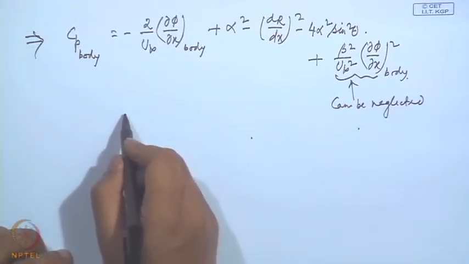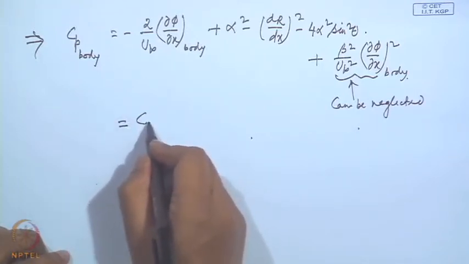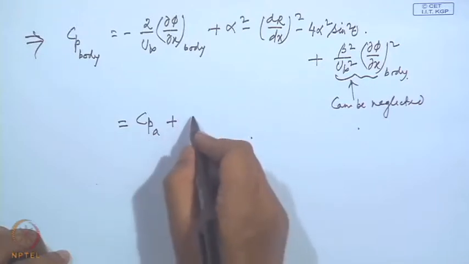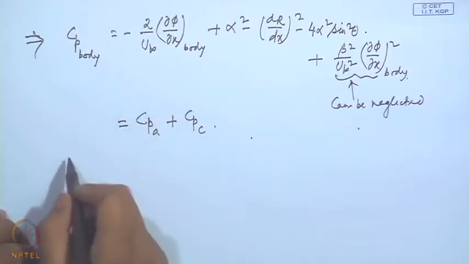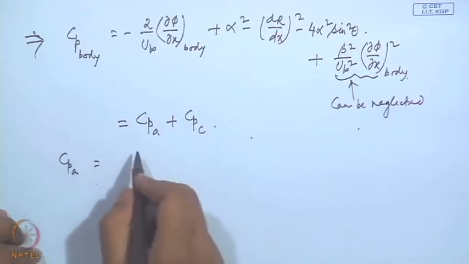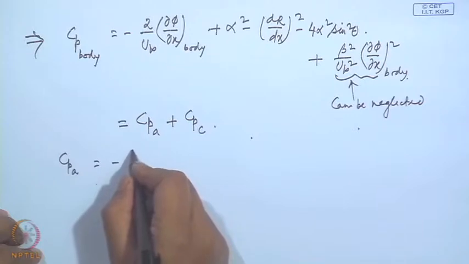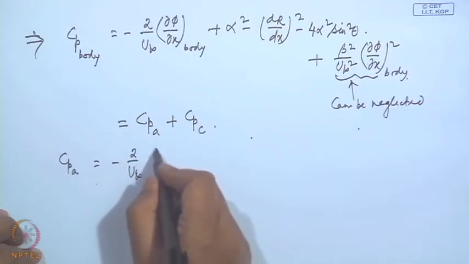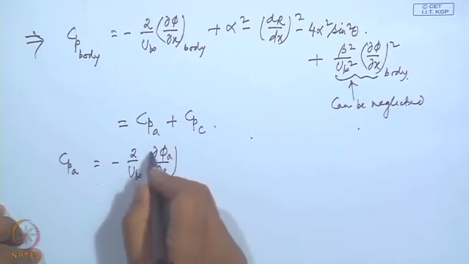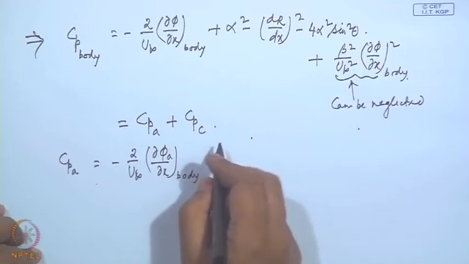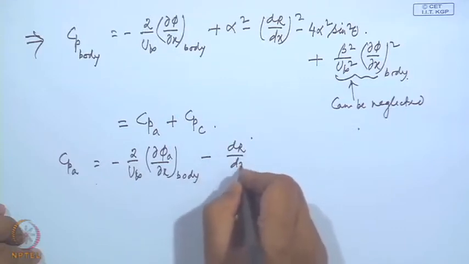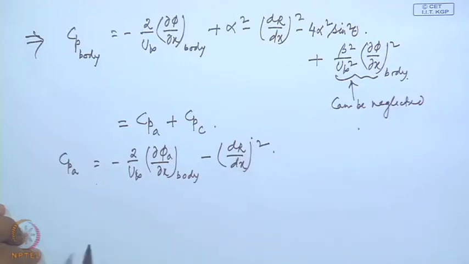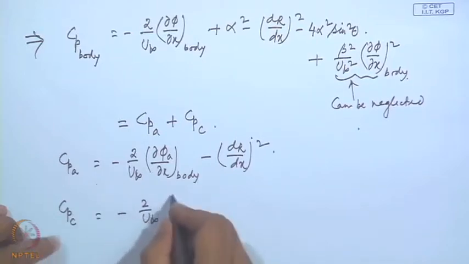Now, this can also be written as an axial flow contribution plus a cross flow contribution, where this axial flow contribution is minus 2 by u infinity d phi a dx on body, and CPC has minus 2 by u infinity.